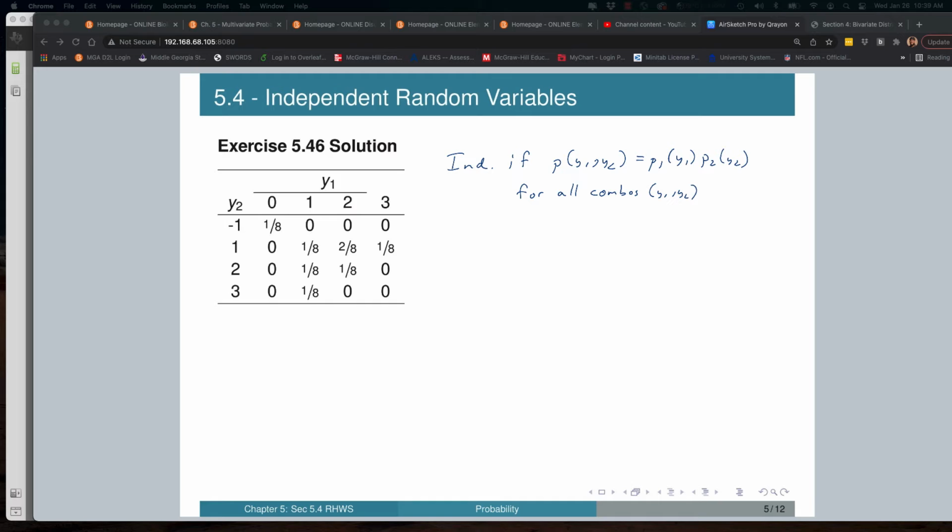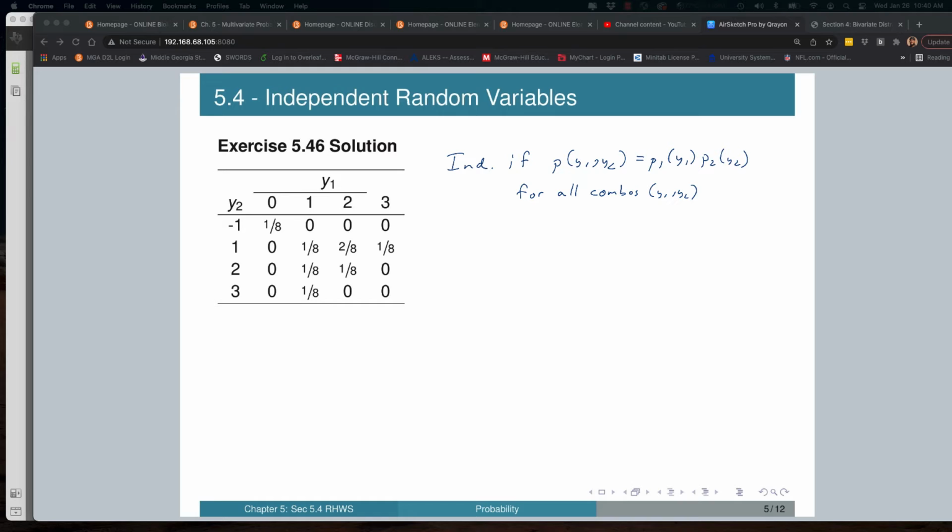If I took the first one here, I'm probably going to assume that it looks like it would be independent, because the row total, well, actually it wouldn't be, because the row total and the column total are both 1/8. So if you did 0, -1 as your combination, you would also find that these aren't independent.